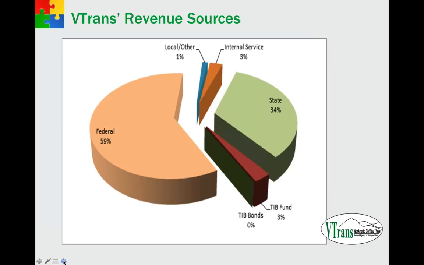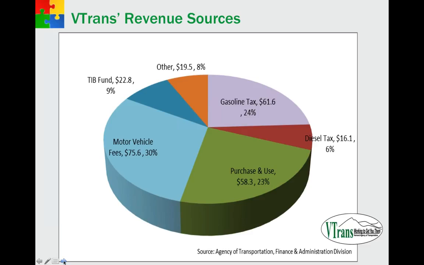From the Section 40 report, what came out of that was we sought a revenue bill and obtained a 5.9% increase on our gasoline tax. On this slide, you can see that Vermont really relies heavily on our automobile user fees and the gasoline tax. The TIB fund of 9% is actually pennies on a gallon tax paid by our fuel distributors.